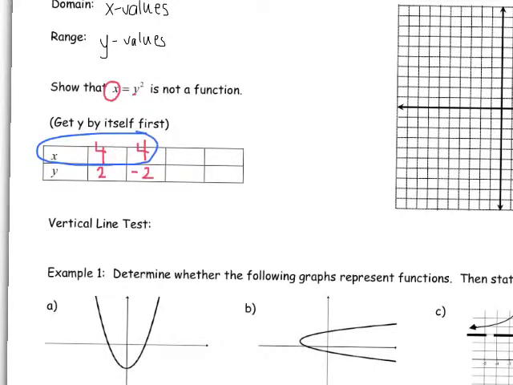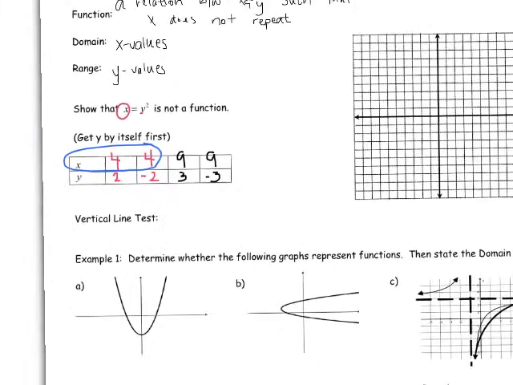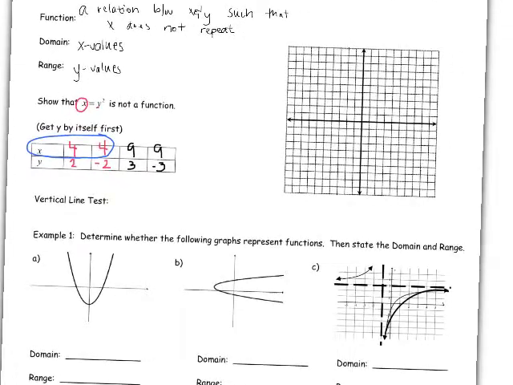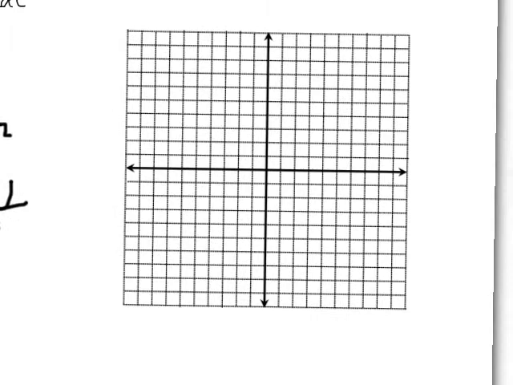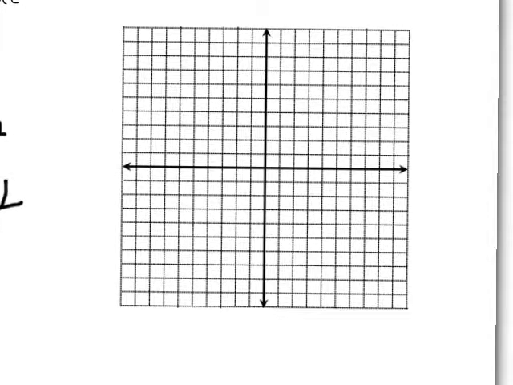And you could have done that for 9, which would have been 3 and -3, and -3 squared still would have been 9. So that's another example of why that's not a function. If you're thinking that this seems like a really familiar function, it should, because we know that y equals x squared is the parabola, and this is just that exact opposite, or inverse. So when I graph it, it's going to look just like y equals x squared, just on its side.